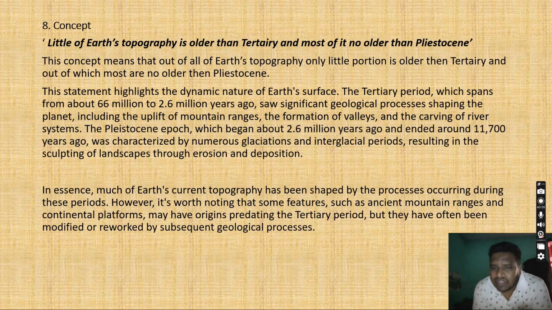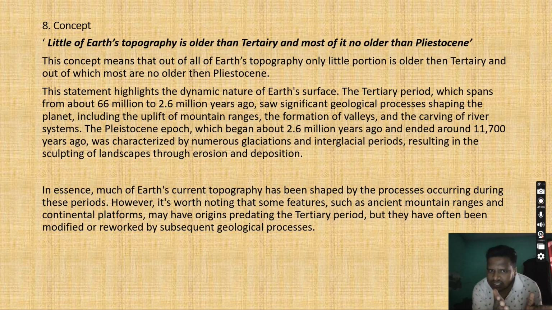Within that period, a lot of erosion and deposition work was done by the glaciers. This statement basically wants to tell that, whatever topography we have, little of the topography of the earth is older than Tertiary, and it is not older than Pleistocene.